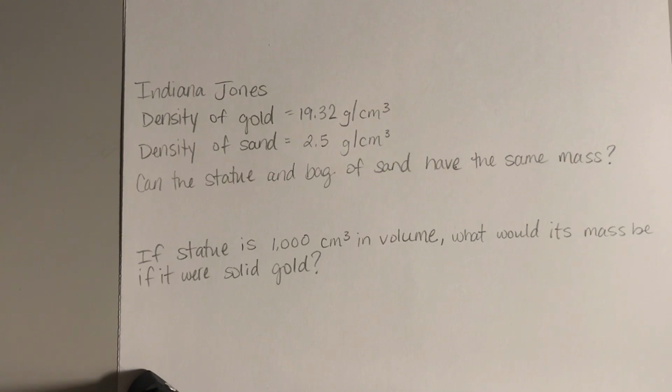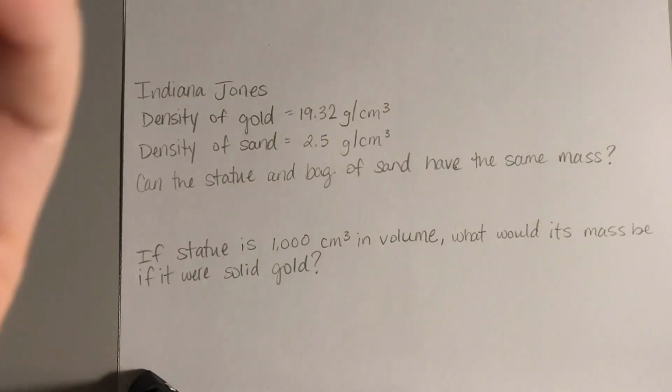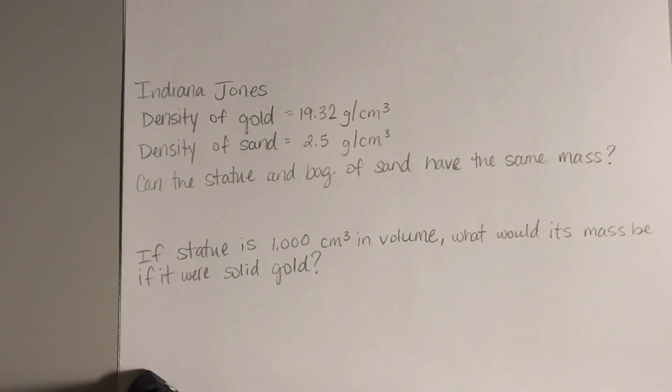Okay, so Indiana Jones, kind of an iconic scene from an iconic movie. In that, he has this golden idol and he picks it up, and before he picks it up, he's looking at it and trying to figure out, okay, how much does this weigh?